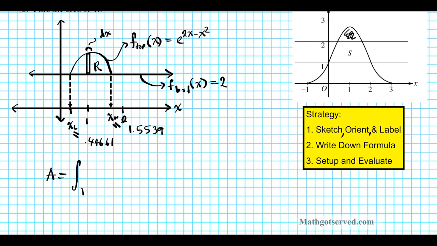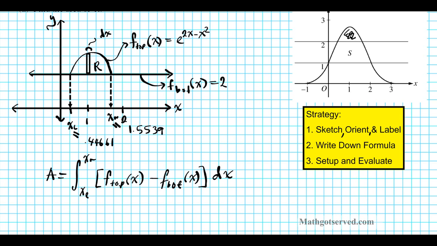The formula for the area is the integral from x left to x right of f top as a function of x, so f top of x, minus f bottom of x, dx. You notice we have x, x, x, x, x because our slice is perpendicular to the x-axis, so everything is in terms of x.